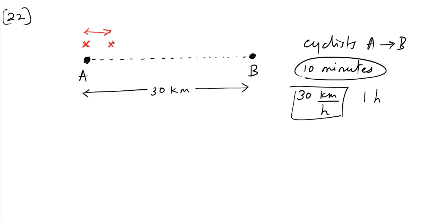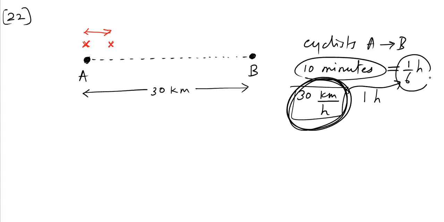Now the earlier cyclist has been traveling for 10 minutes, which is, of course, 1/6 of an hour, and he or she has been traveling at 30 kilometers per hour for 1/6 of an hour.